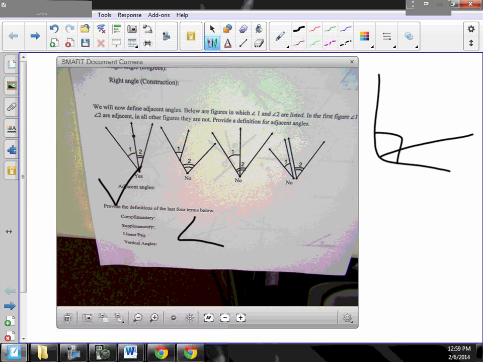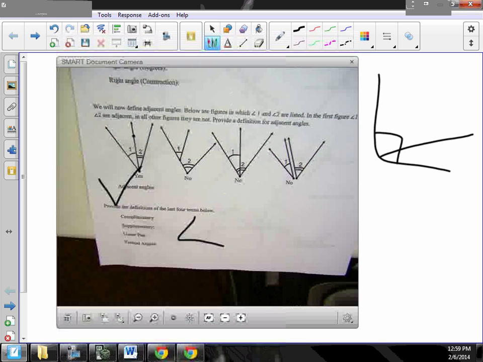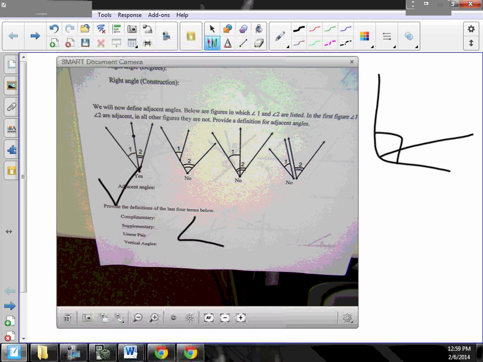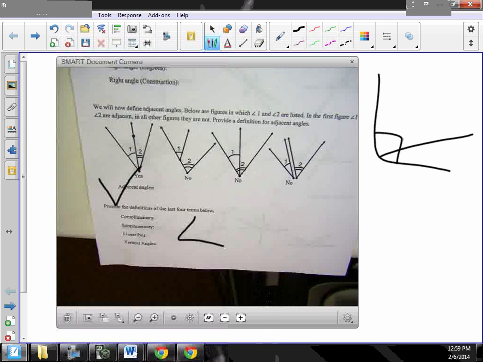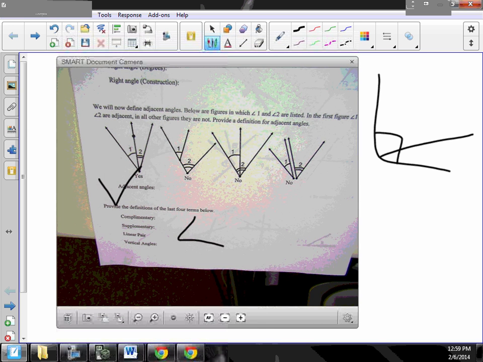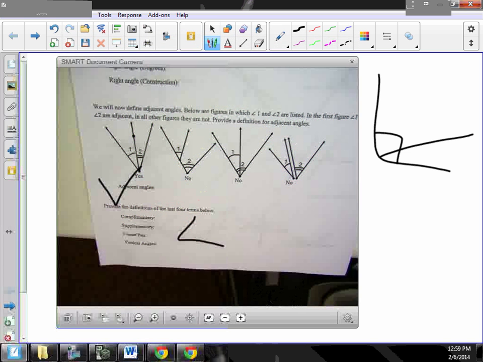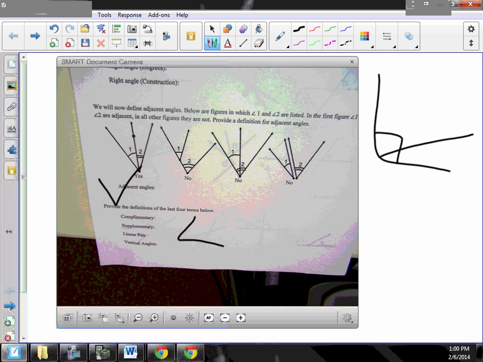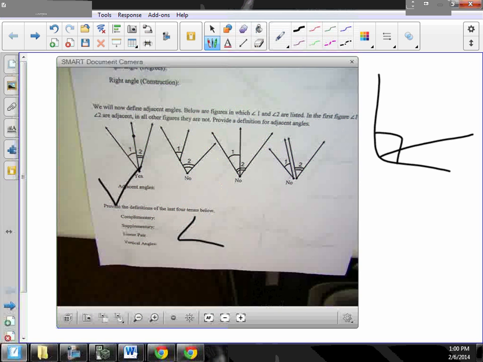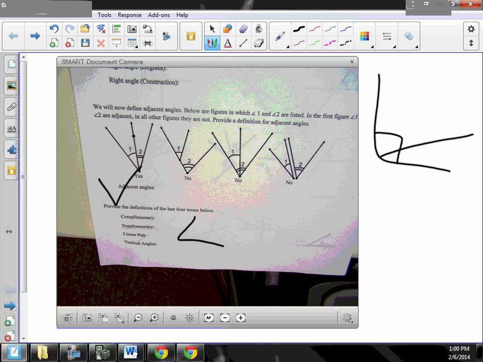No. Is it going to hurt by putting it in? Probably not. I cannot think of a time where you will have complementary angles that are not adjacent. I don't know of any. But no, we don't need it. It doesn't do us any good. It doesn't add to the definition, so we leave it off.